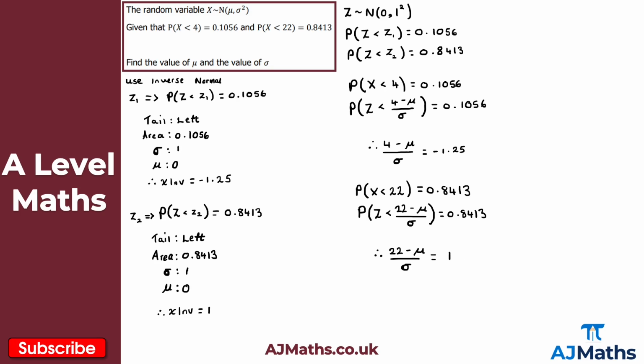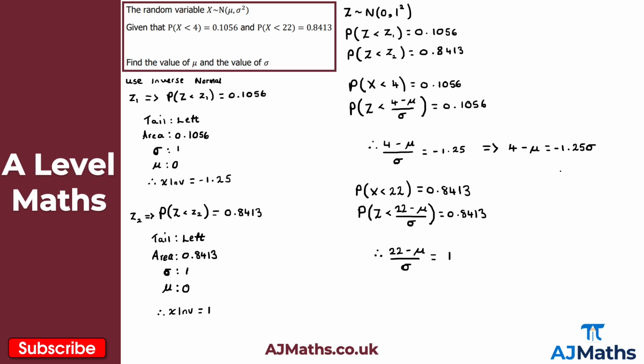So we're on the right path here. We're doing quite well. What I need to do now is basically form my simultaneous equations here. So for this equation here, what I'm going to do is times through both sides by sigma. That's what I get here then. I'm going to get 4 minus mu, and that's equal to minus 1.25 sigma there.